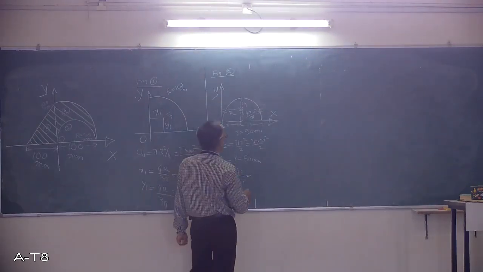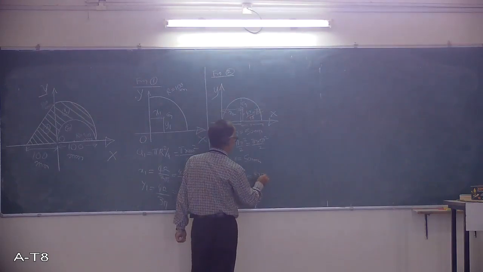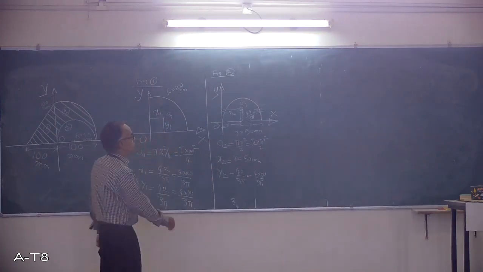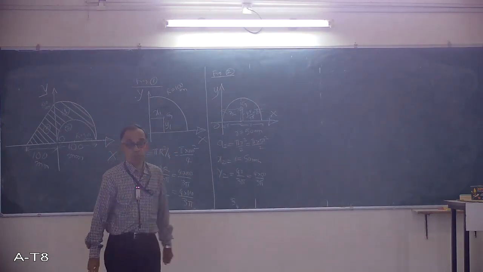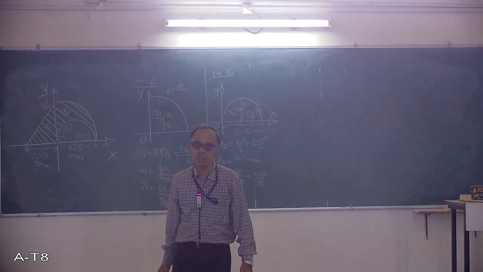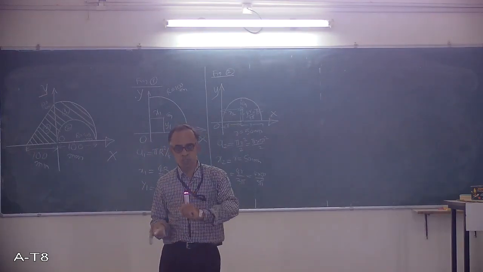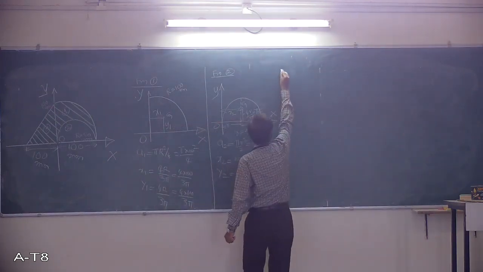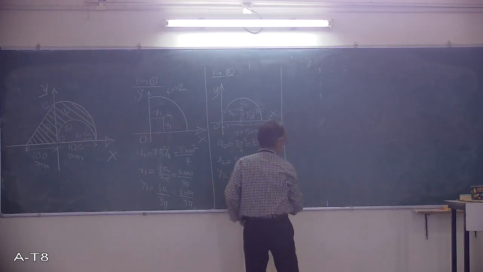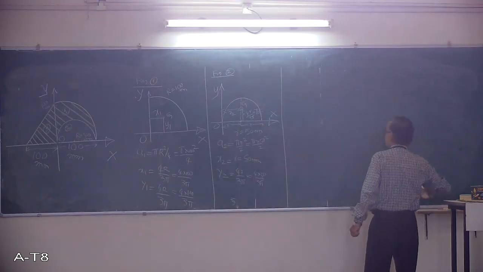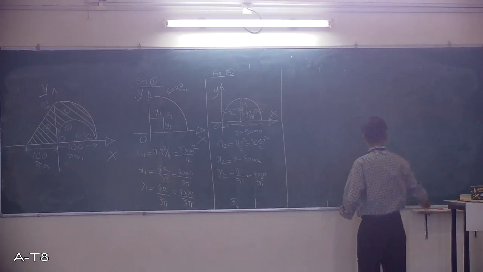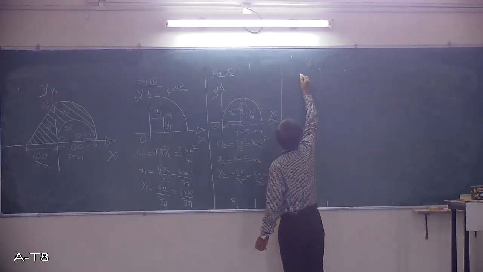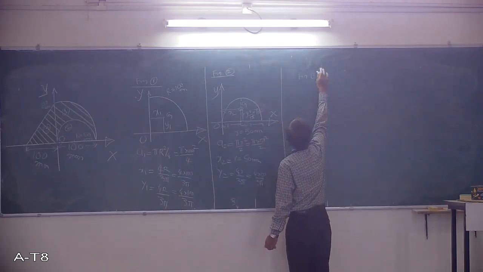So 4 into 50 upon 3 pi. I told you, you have to mark the origin and the respective values of x2, y2 correctly. Once you mark the values correctly from the origin, measure so that the problem will not go wrong. So then I come to the third figure, that is a triangle. Figure 3.